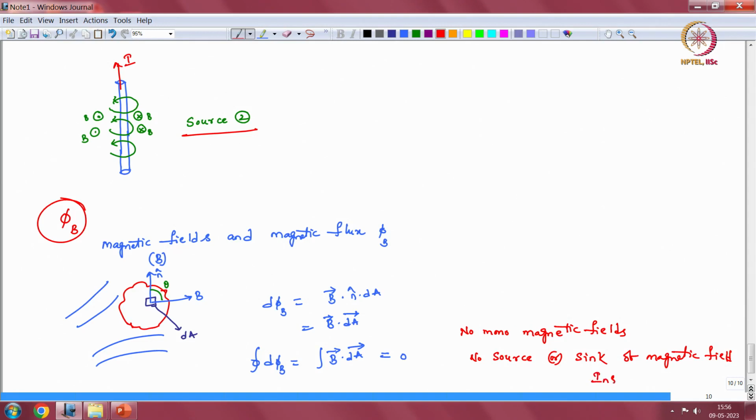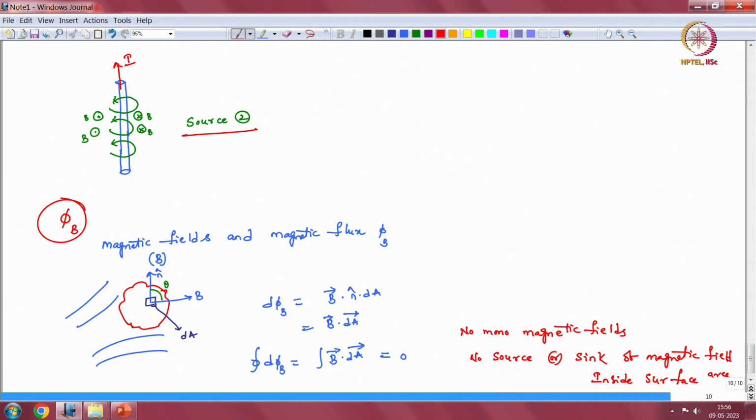Because of these reasons, as per the Gauss law, we can say that the flux inside a closed surface is equal to 0.